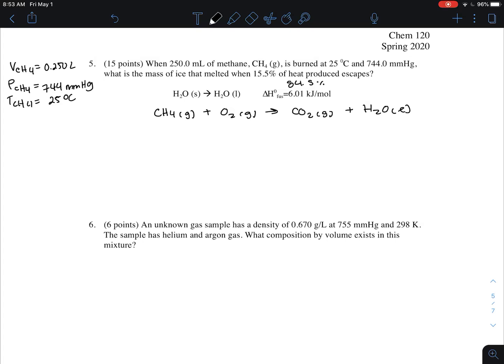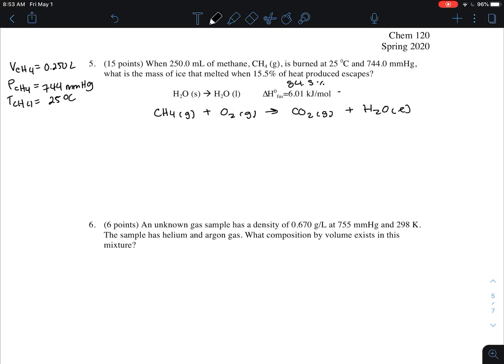So now if I reread this, it says this amount of methane was burned, and it's asking for the mass of the ice that melted when 15.5% of heat produced escaped. So basically, what happened was that methane produced heat, and that heat helped melt ice.